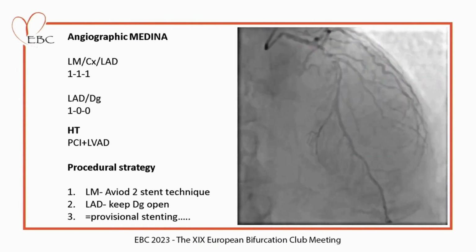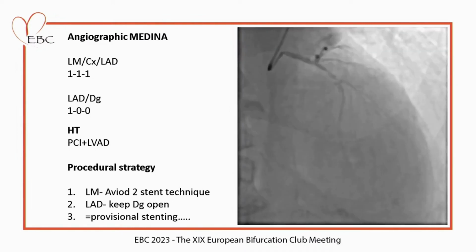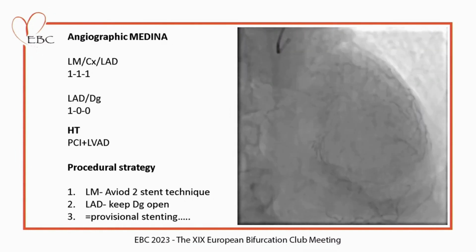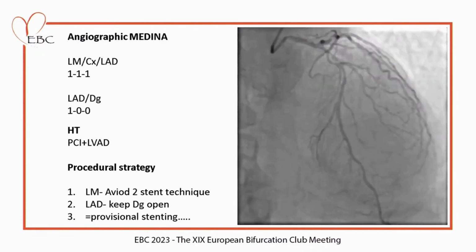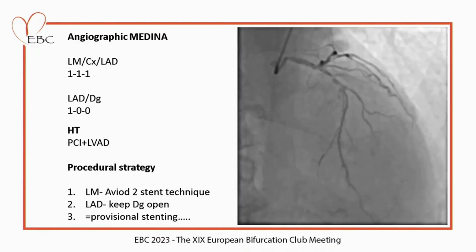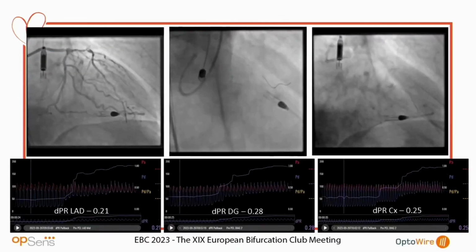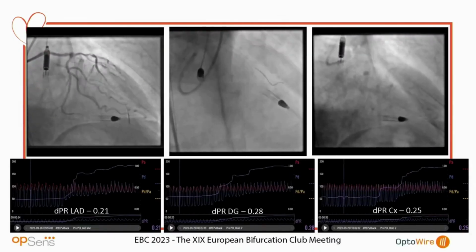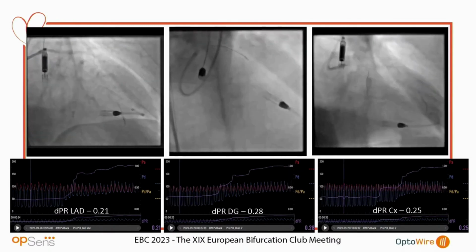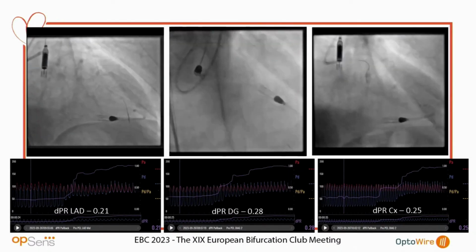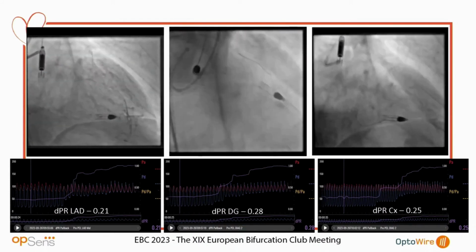My strategy was to avoid a two-stent technique if possible, because the patient has a very low ejection fraction, which means very high thrombotic risk, and to keep, of course, everything open if possible. First we started by checking what is really critical, and we found that unfortunately the diagonal branch and circumflex artery were critical.